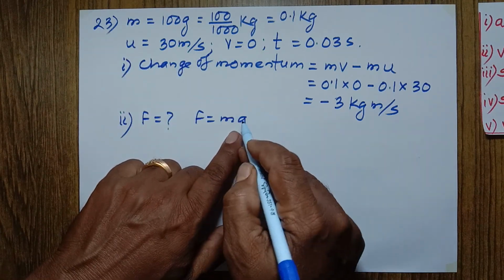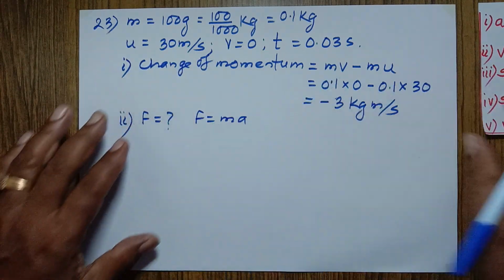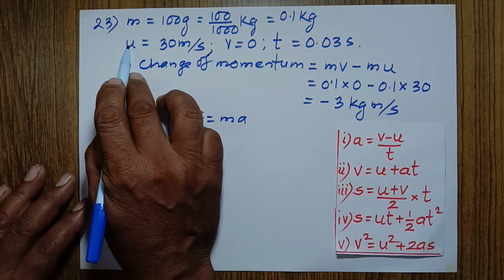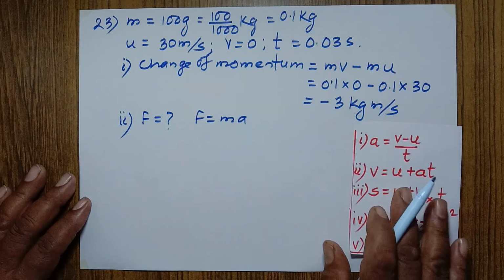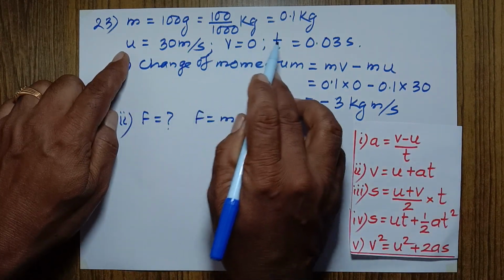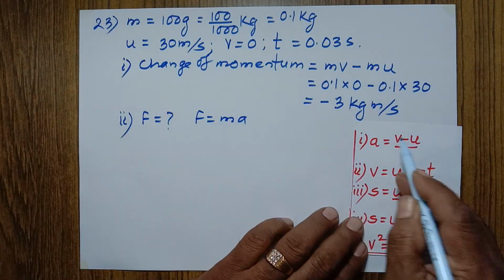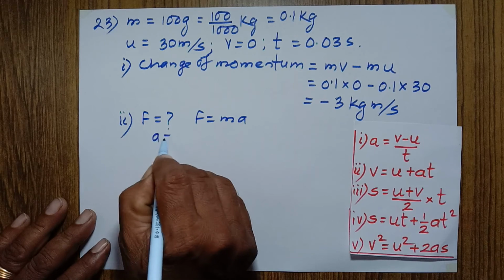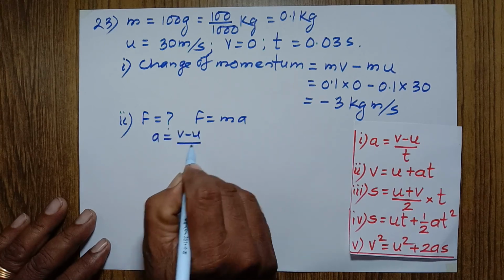That's why first we have to calculate a. How can we calculate a? By using one of these equations. u we have, t we have, v we have. Using v = u + at, the same equation we are using here, a equal to v minus u by t.